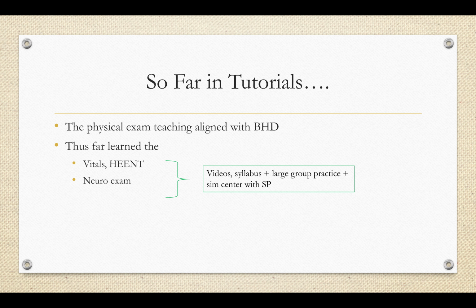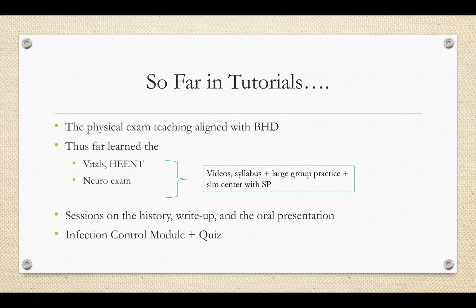So we've actually trained the standardized patients in elements of the physical exam, and we've trained them to give feedback on those maneuvers. They've done that already for vitals, HEENT, and neuro, and as the semester unfolds, that same kind of cycle of educational activities will be repeated for the cardiovascular exam, pulmonary exam, abdominal exam, and musculoskeletal exam.